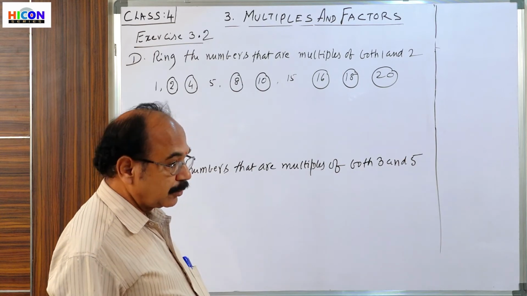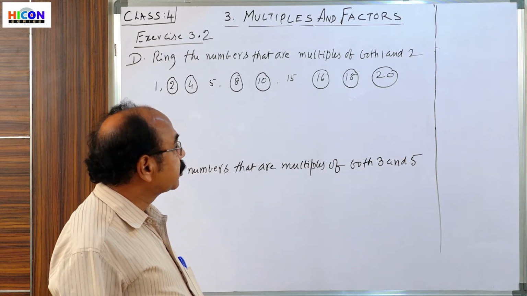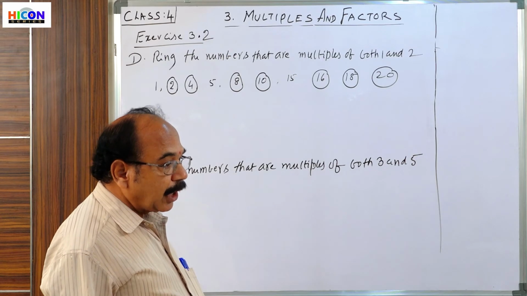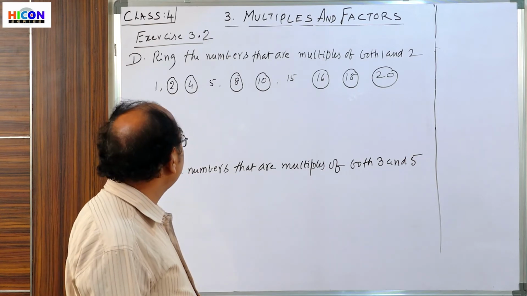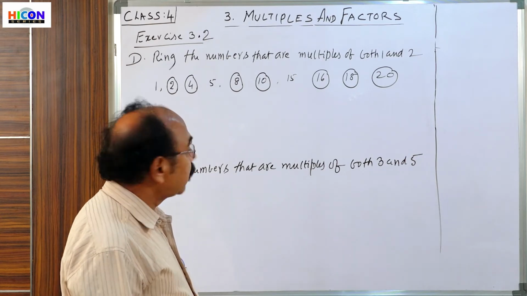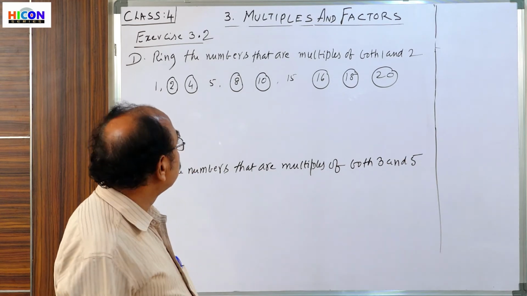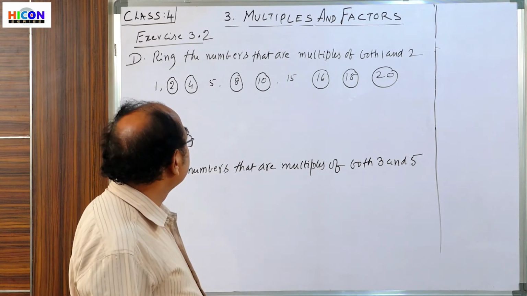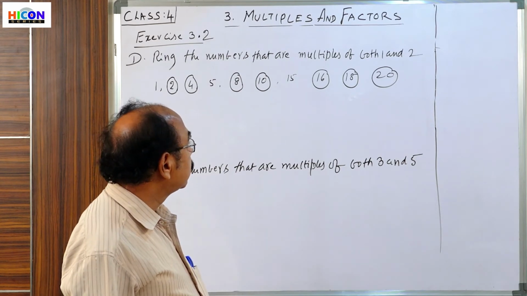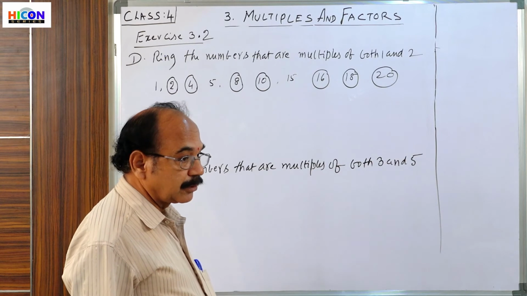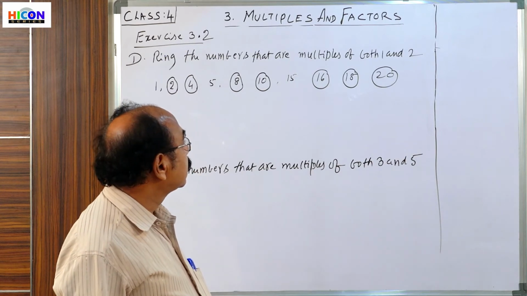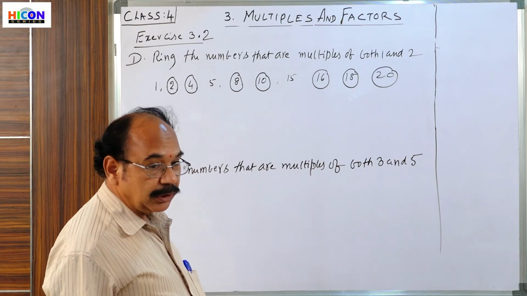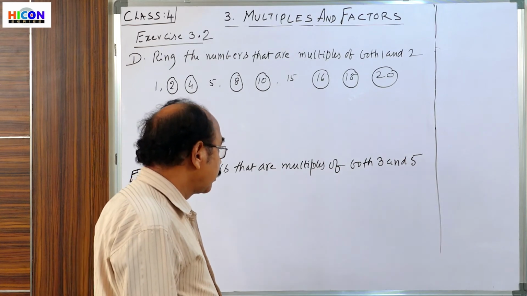That means in the multiplication table of 1 and in the multiplication table of 2, we can get all these numbers. All the numbers which were ringed. That's why these are the numbers that are multiples of both 1 and 2. Okay, children.